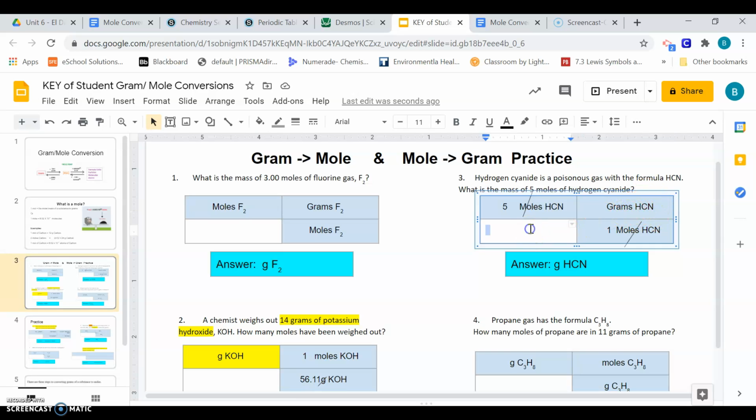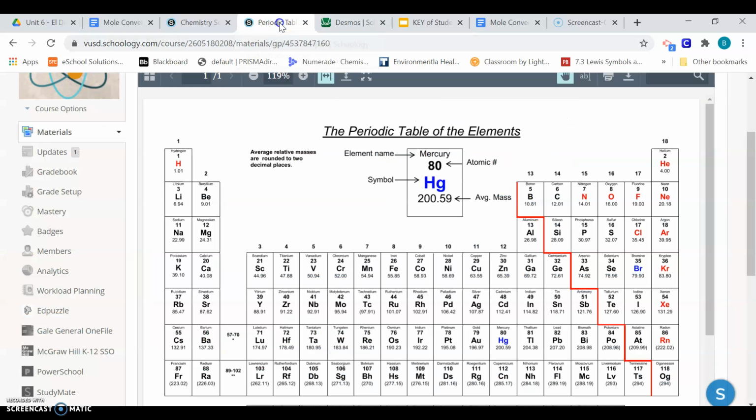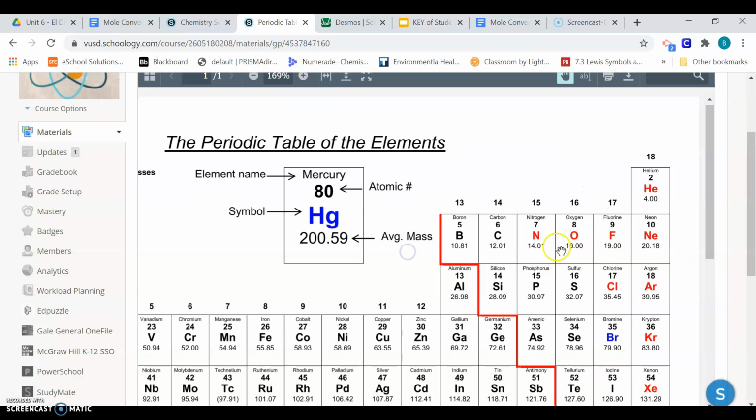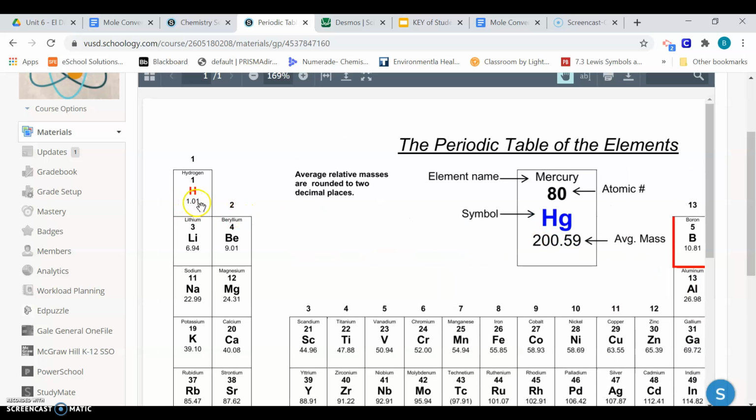HCN. So for hydrogen, we have a mass of 1.01. For carbon, we have 12.01. And for nitrogen, we have 14.01 grams. And you can find these on our periodic table. So for carbon, 12.01, nitrogen, 14.01, and hydrogen, 1.01.